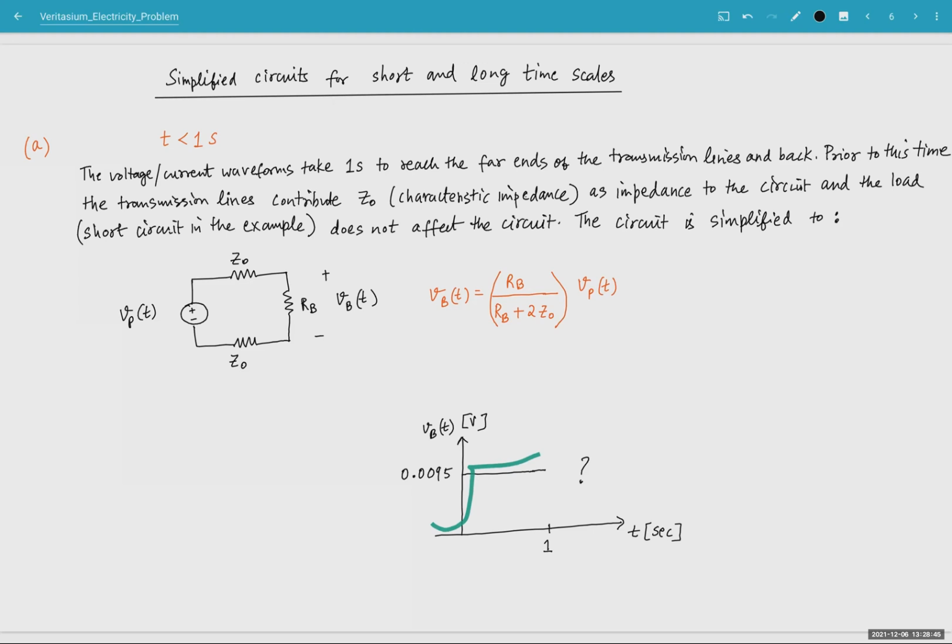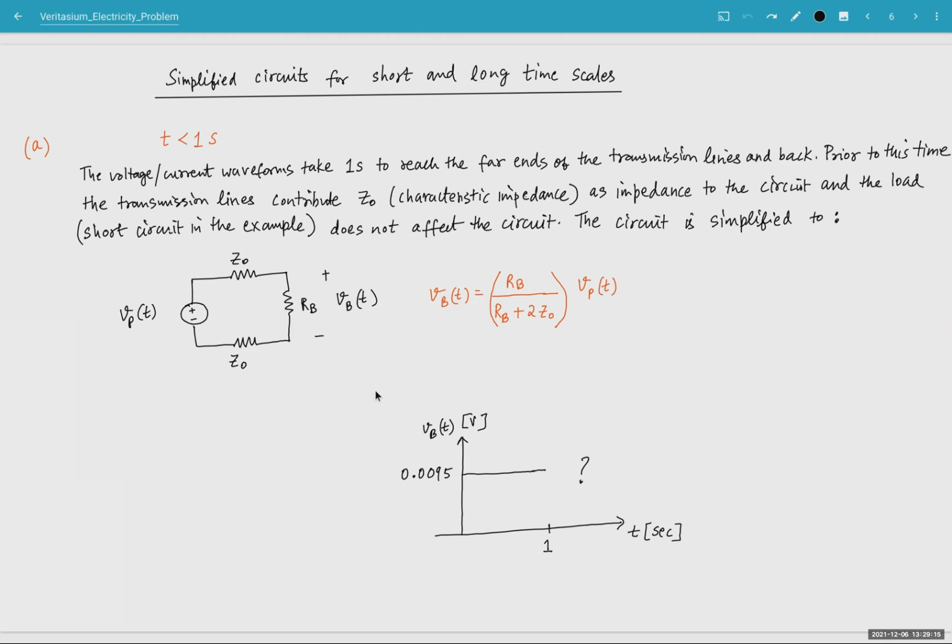But this will actually happen at the time scale of a few nanoseconds because of that travel between the two conductors of the energy over a distance of 1 meter. So think of this rise time of the order of a few nanoseconds, but within that short time, the voltage across this bulb is 0.009 volts. Now this voltage is very small. This bulb is rated for 12 volts when it gives 100 watt output.